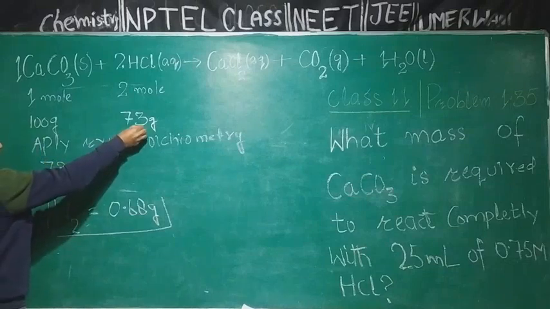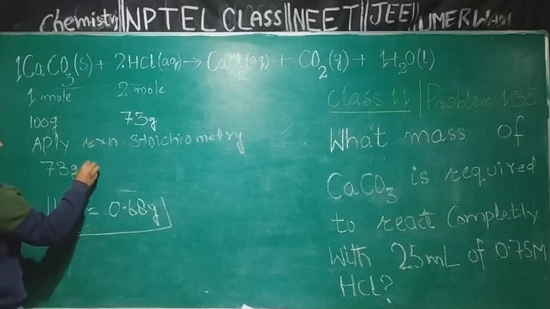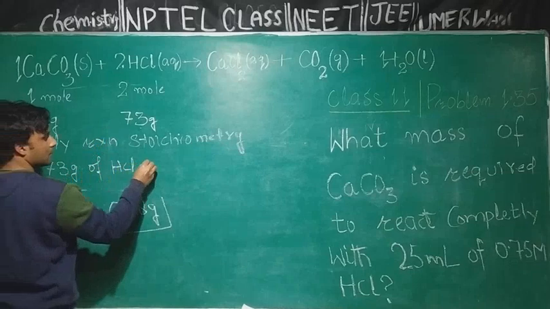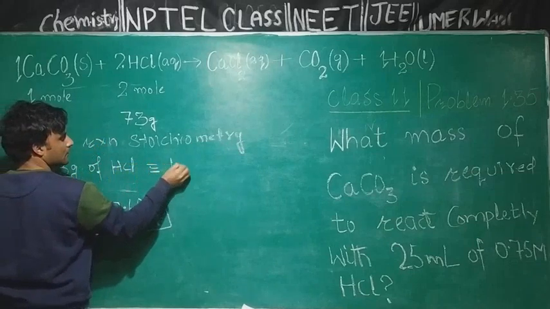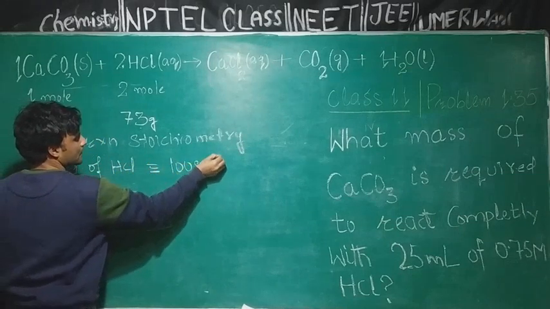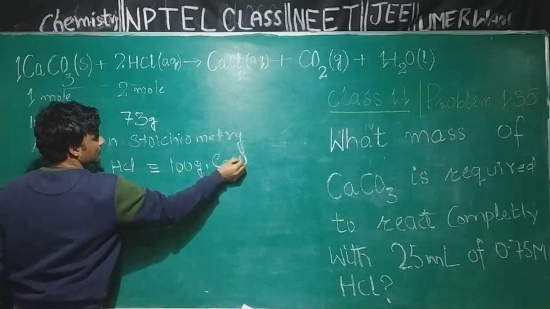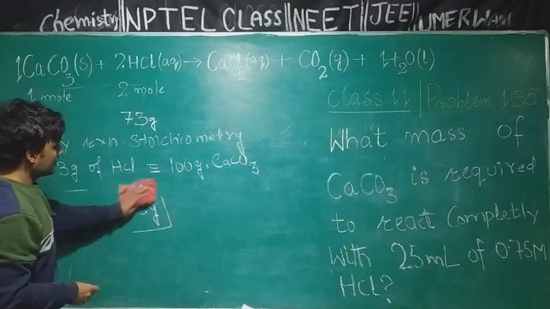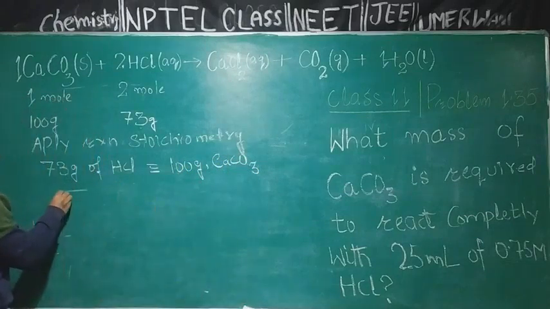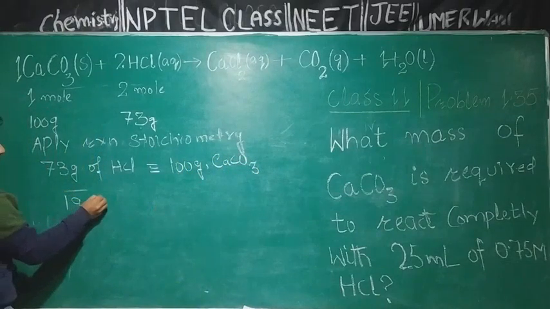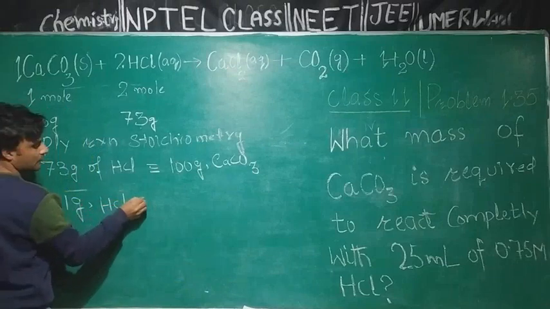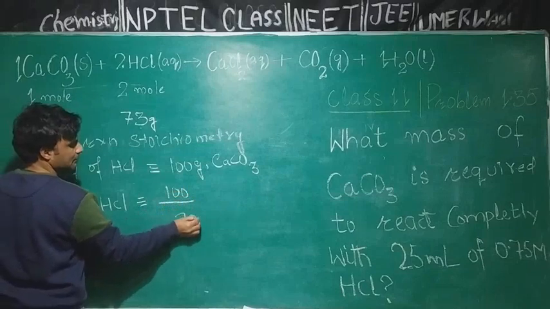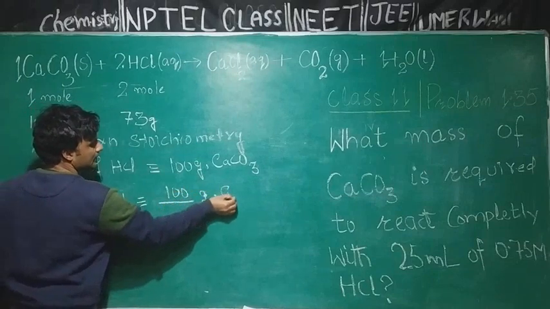From reaction stoichiometry, 73 grams of HCl react with 100 grams of calcium carbonate. So 1 gram of HCl will react with 100 divided by 73 grams of calcium carbonate.